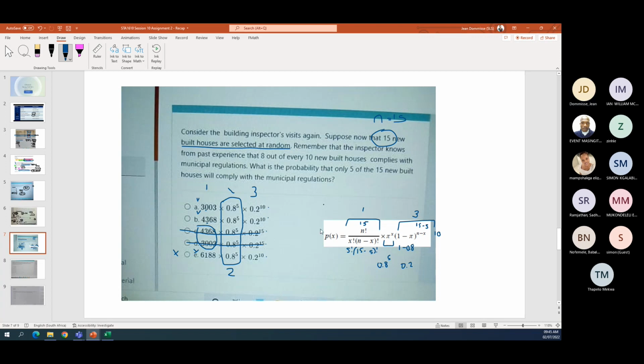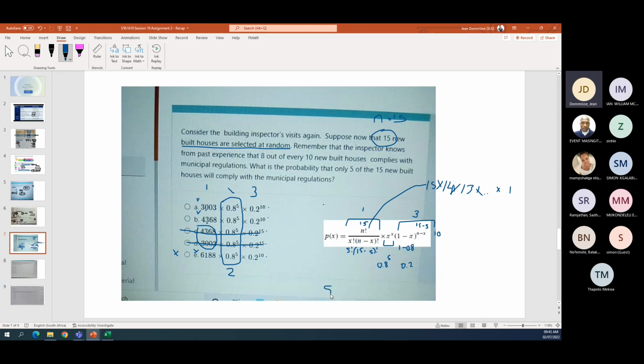So let's see if we can use Excel, because yes, you can use your calculator. 15 factorial, there is a function on your calculator. If you don't have it, what it means is 15 times 14 times 13 times, up until times 1.